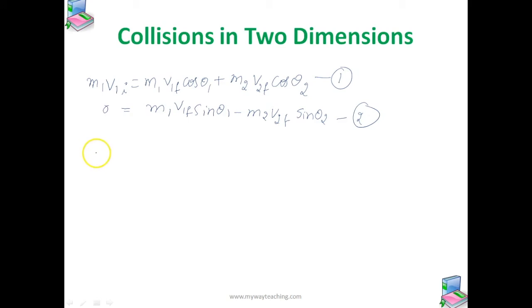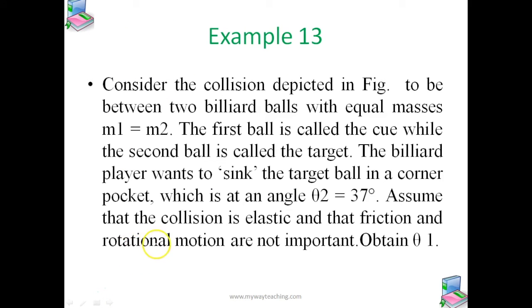If you consider the collision as elastic collision, then we get the equation half m1 v1i square is equal to half m1 v1f square plus half m2 v2f square. This is the equation.